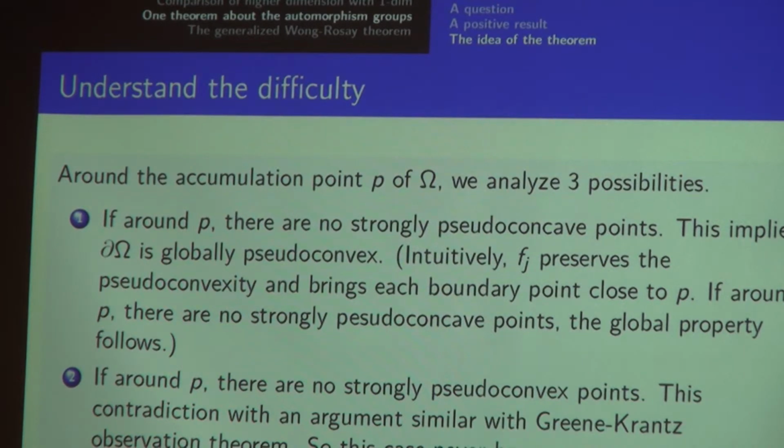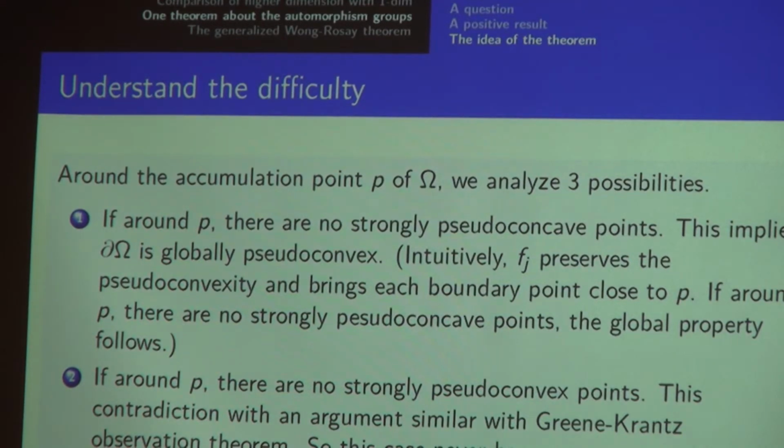But this contradicts the Green-Kranz observation theorem, the first theorem I showed. I call it the Green-Kranz observation theorem. So this cannot happen because of the Green-Kranz observation theorem. So there is no trouble.